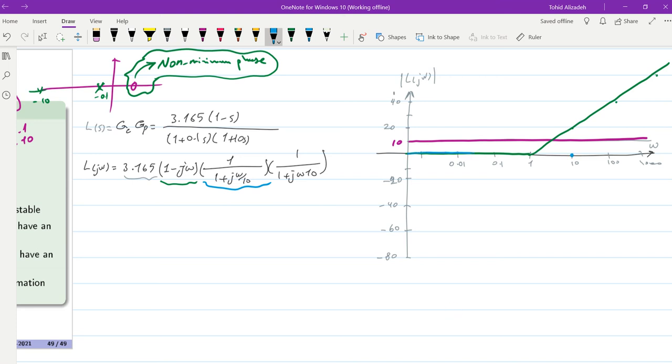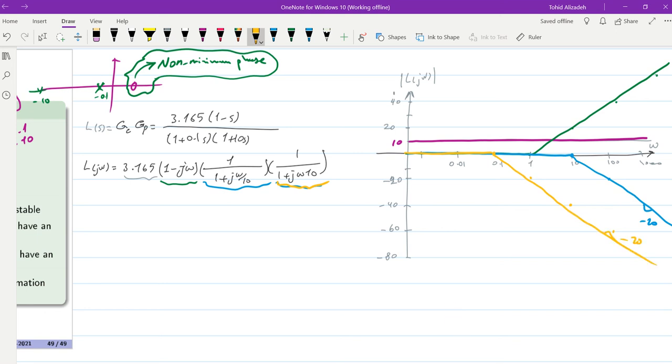The amplitude will be equal to 0 up to that point, and afterwards we will have minus 20 dB per decade. And finally, we have the last component, 1 plus j omega 10. The corner frequency is 0.1, so 0 dB until that point, and afterwards we'll have minus 20 dB per decade.